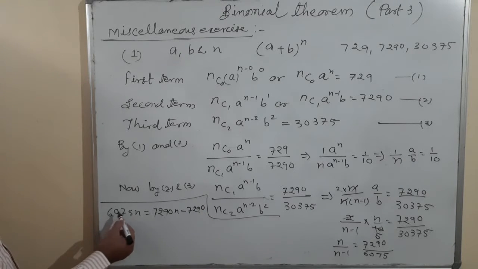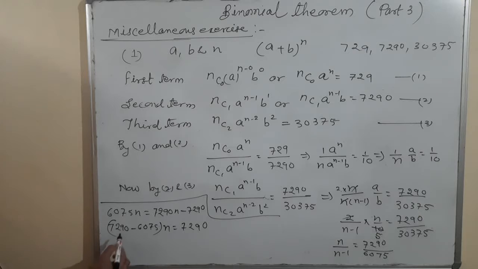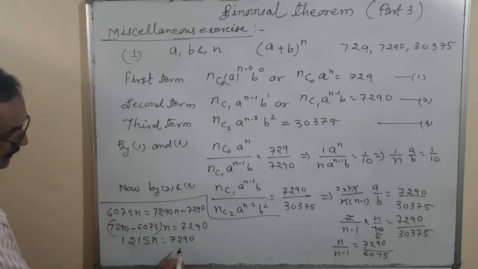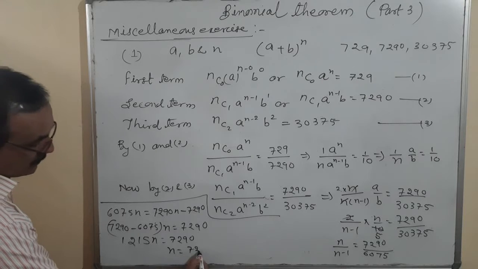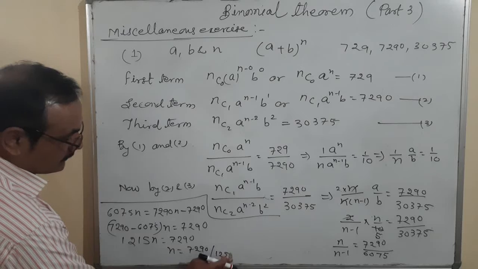So I take 7290 minus 6075, we'll subtract: 10 minus 5 is 5, 8 minus 7 is 1, 2 minus 0 is 2, and 1. So 1215 n is equal to 7290. So n is equal to 7290 upon 1215.